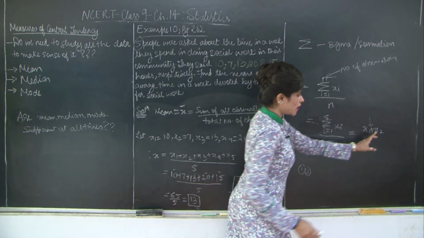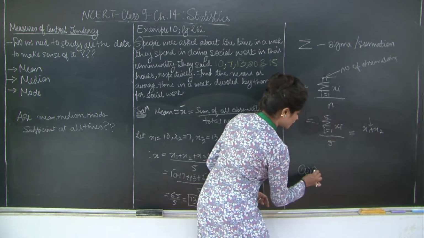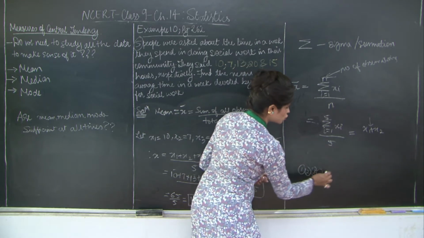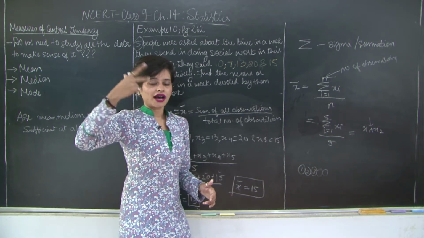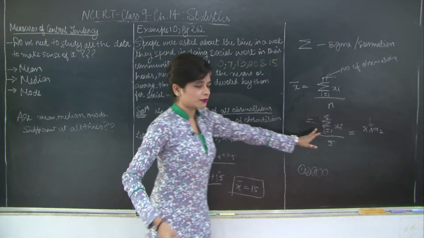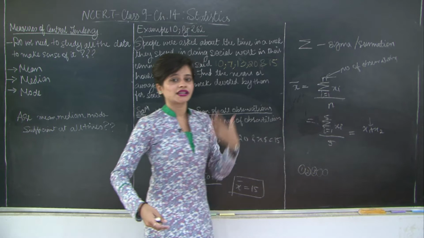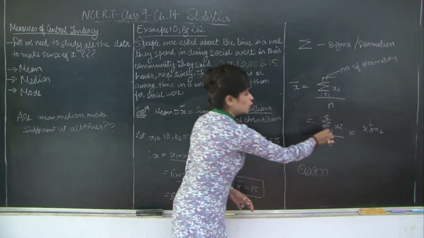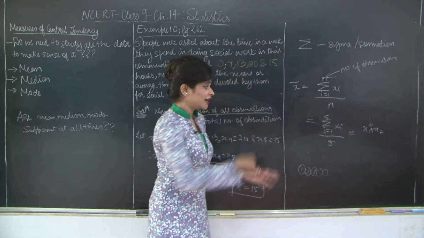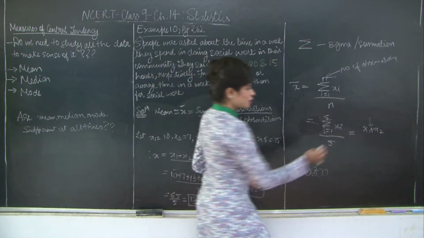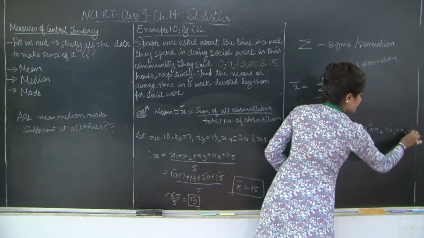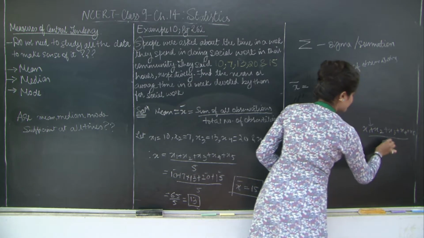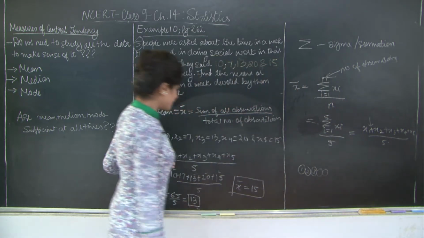So x1 plus x2, then the third one, and you keep going in this loop until the 5th term: i equal to 1, 2, 3, 4, 5. So your loop goes repetitively, like a program. So x1 plus x2 plus x3 plus x4 plus x5 upon 5, and again you will get this answer.